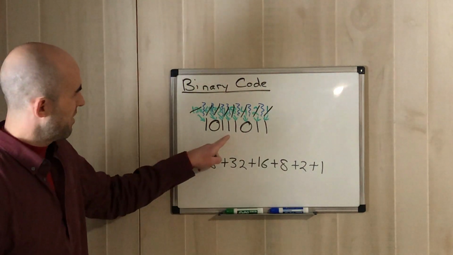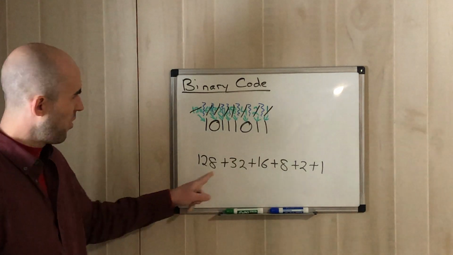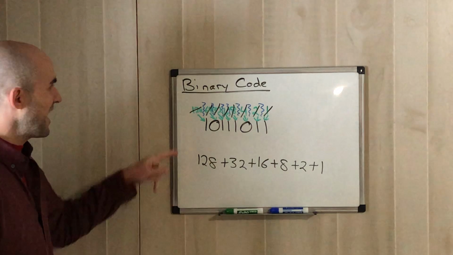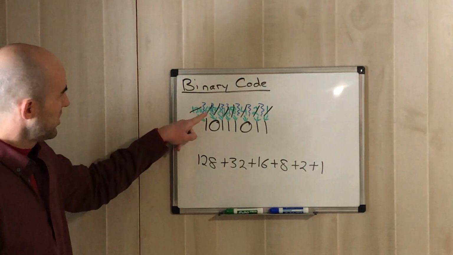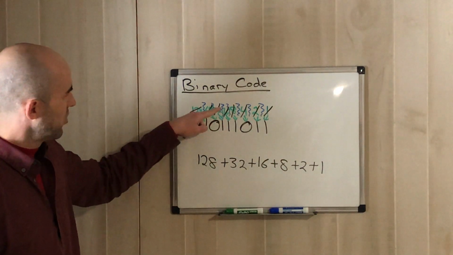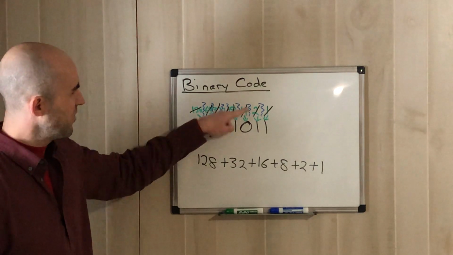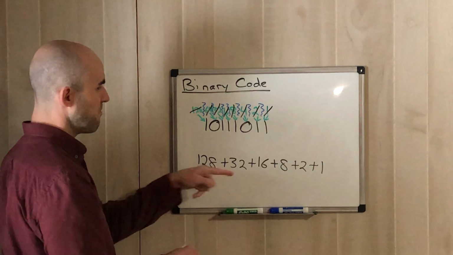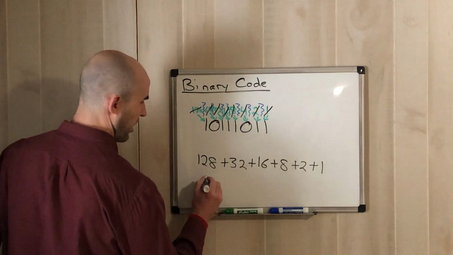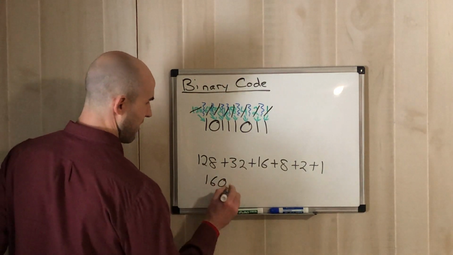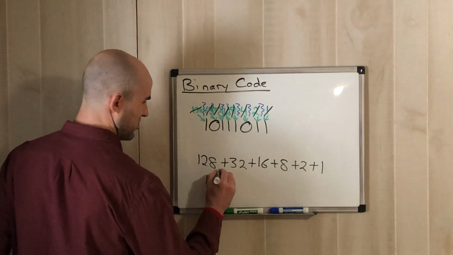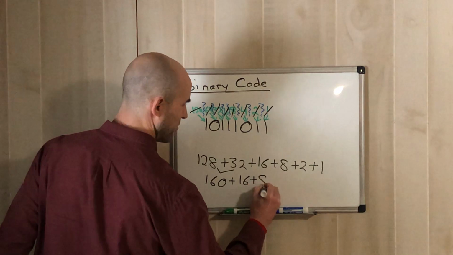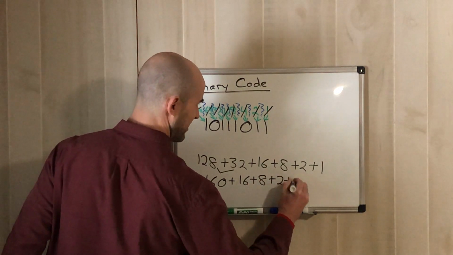1, 2, 3, 4, 5, 6 ones. 1, 2, 3, 4, 5, 6 terms. So we got that idea, right? We had the 128, we had the 32, we had the 16, we had the 8, we had the 2, we had the 1, right? If we start adding them up, 128 plus 32 gives us 160, right? I'm going to combine those just because it makes things easier now to see. I'm going to rewrite it. But again, that was just to make things easier for you guys to see, right?